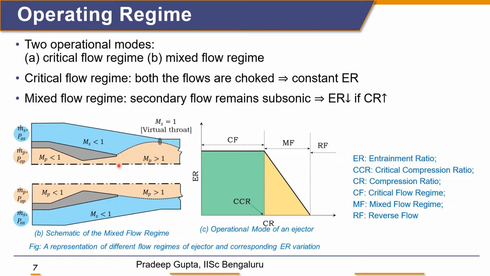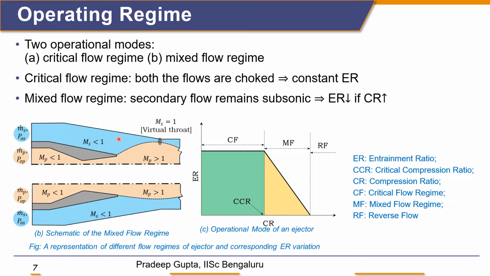Since this nozzle is under-expanded, or the pressure in the secondary flow is lower than the pressure in the primary flow, it further expands, and it creates a converging passage for the secondary flow, which allows the secondary flow to reach the sonic condition, or Mach number 1, at this point.